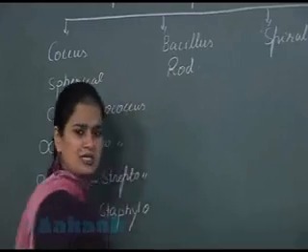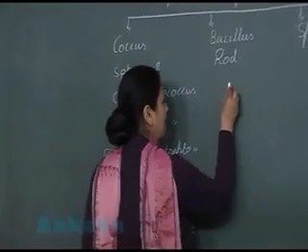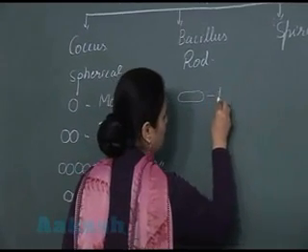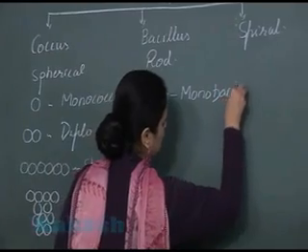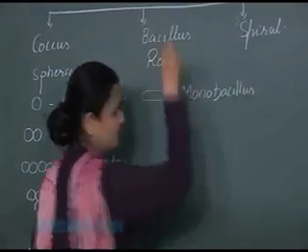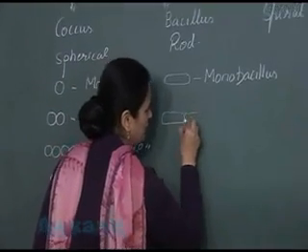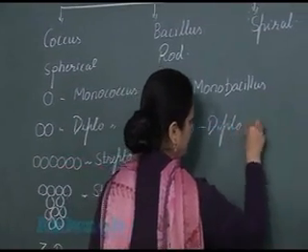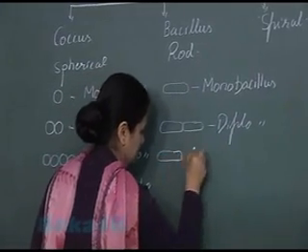Now coming to the Bacillus. Bacillus represents rod-shaped bacteria, or you can say cigarette-like. If the rod-shaped bacteria is present singly, what are you going to call it? Monobacillus. If they are present in pairs, you are going to call it diplobacillus.